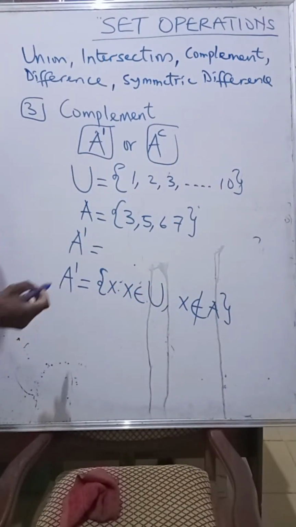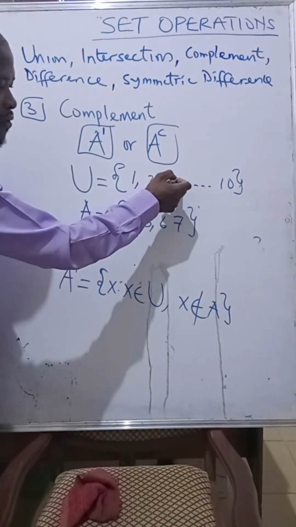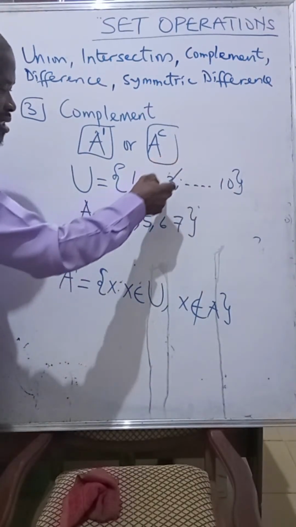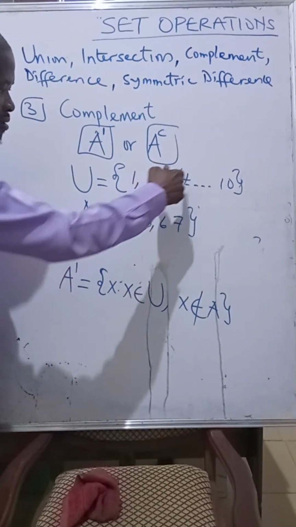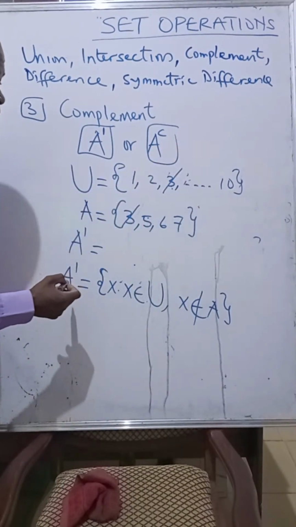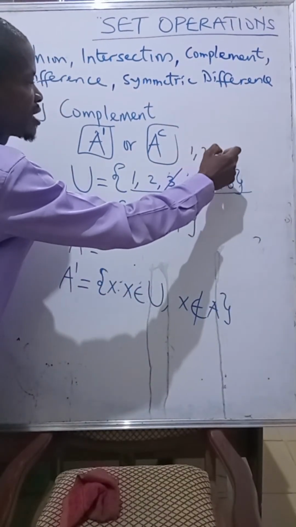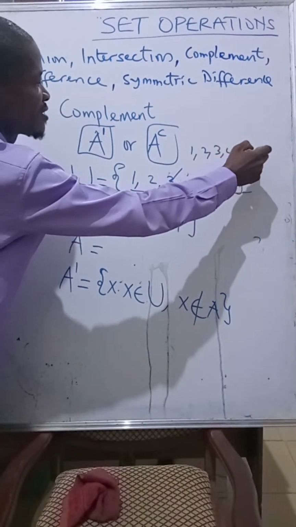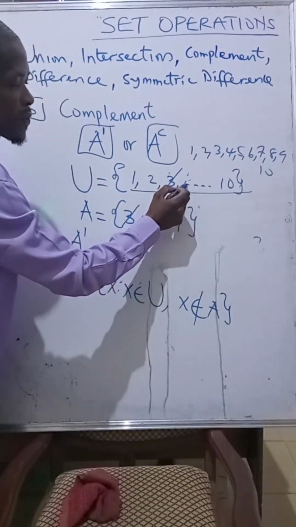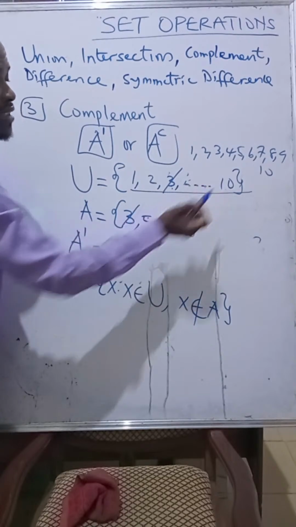So what we are doing in this case is just that. Don't forget what we have here: this is 3, 4, 5, up to 10. Let me finish this one. This means 1, 2, 3, 4, 5, 6, 7, 8, 9, 10. That's the meaning of these omitted values, so some values are omitted here up to 10.